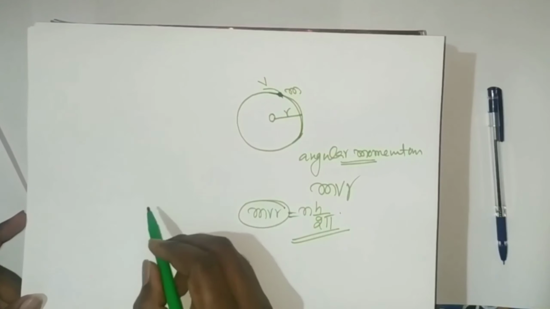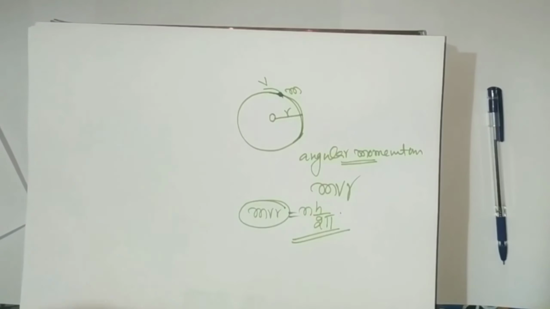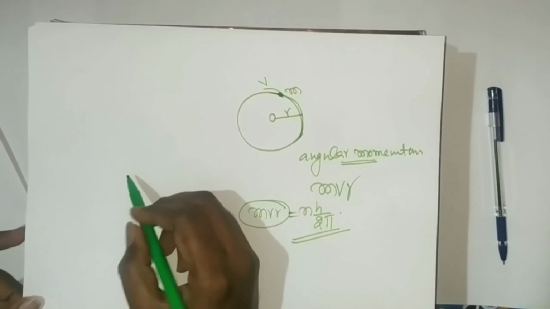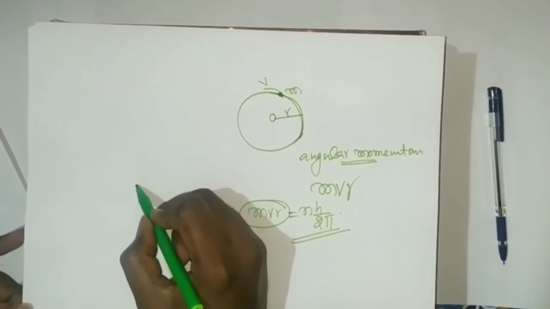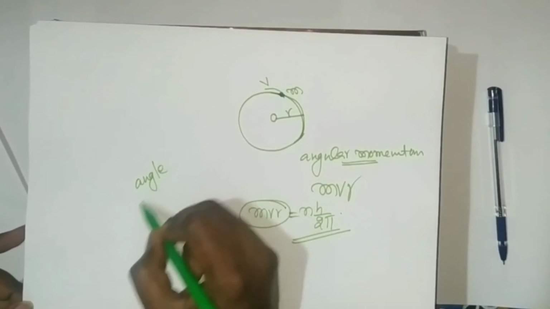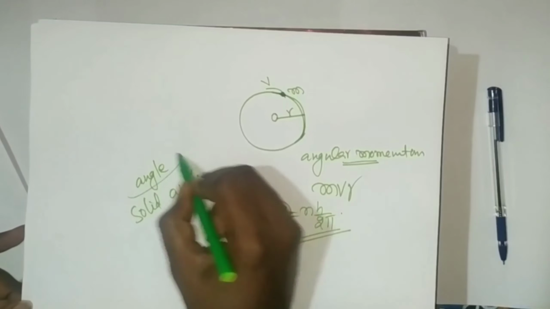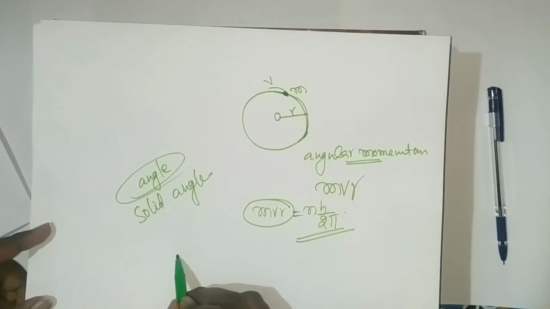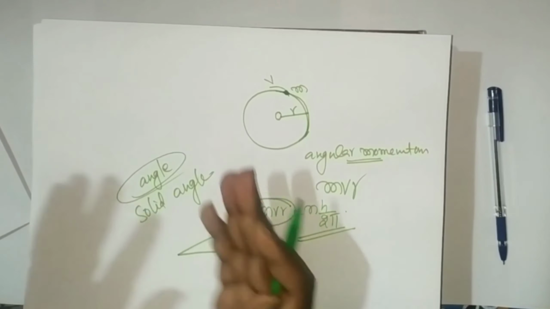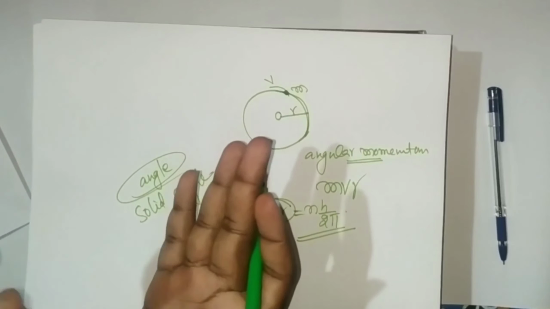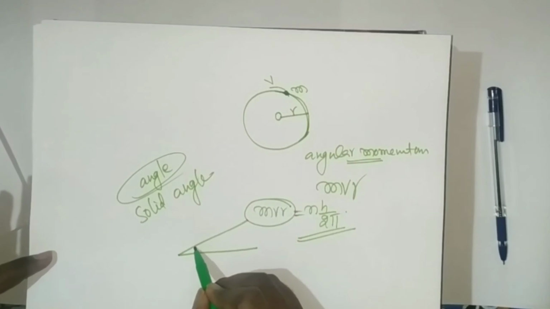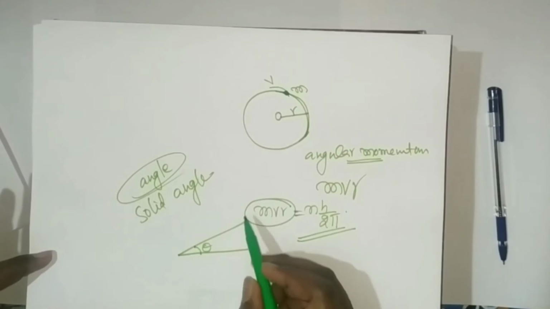Now see here, we know the physical quantities in physics, angle and solid angle. Angle is nothing but the opening in between two lines. Like this is the angle, and here this angle is theta.